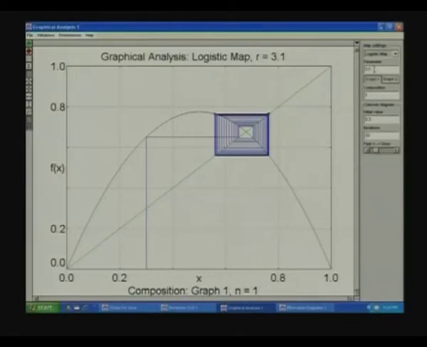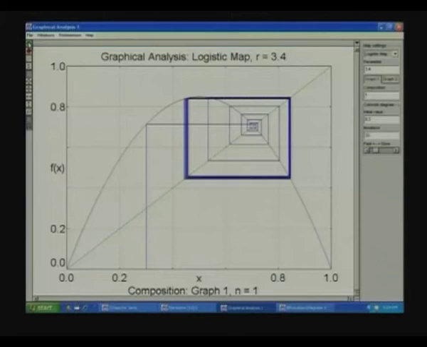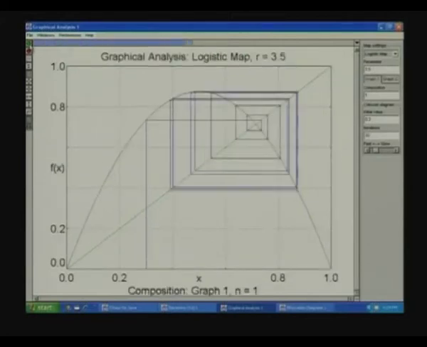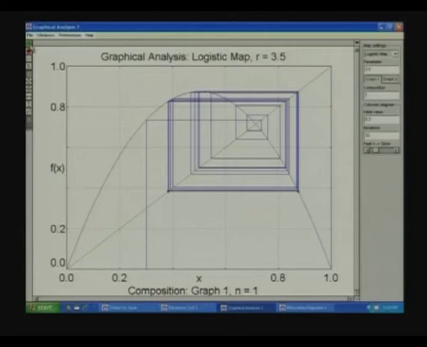Now, let us increase it to 3.5, or 3.4 we had to. Still period 2. Can you see now it is period 4. Let me do that again. 3.6.